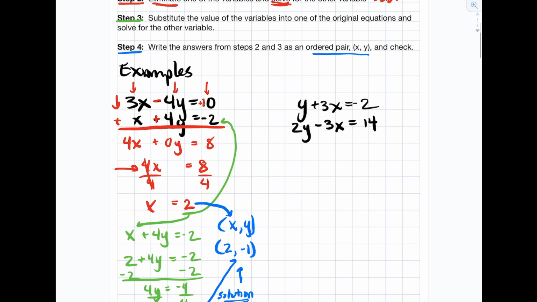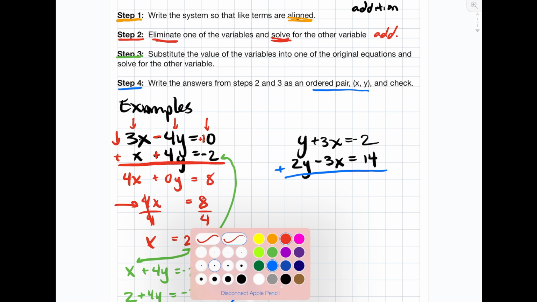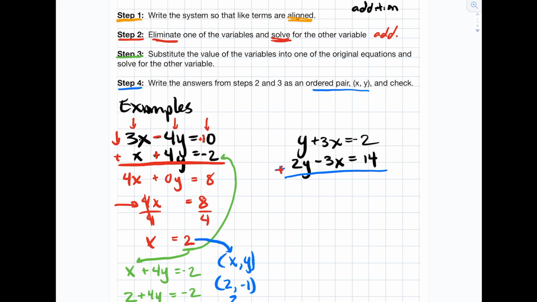Let's take a look at the next example. Remember, the first step is to make sure they're aligned. They are aligned already. The next step is to eliminate one of the variables. Elimination method, another name for that is the addition method. So let's add straight down. y plus 2y is 3y.